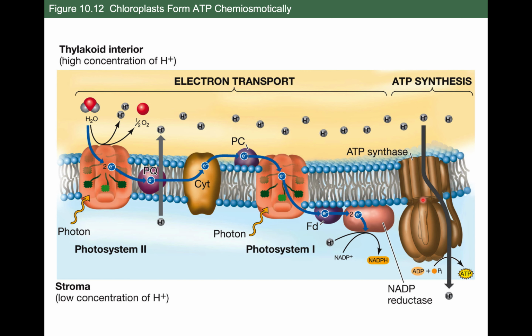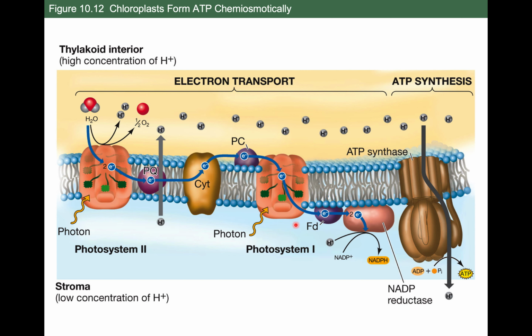As protons pass through ATP synthase, they cause a shape change down here in the catalytic subunit of the enzyme. With each shape change, this enzyme grabs ADP, grabs a phosphate, and bonds them together to form ATP. So the more electrons that flow down this chain, the more protons we pump, the more ATP we make.